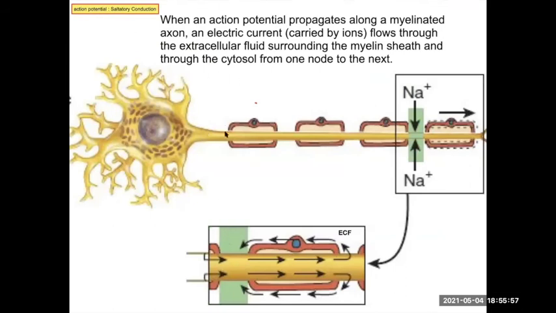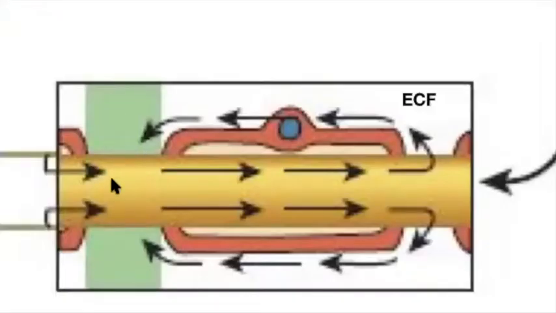When you have an action potential traveling down an axon that is myelinated, this electric current is going to flow through the extracellular fluid, right, surrounding the myelin sheath, and through the cytosol. It's all from one node to the next, right? So you're going to have this depolarization event where sodium is flowing in this area. What does that do? Sodium just flew in, right?